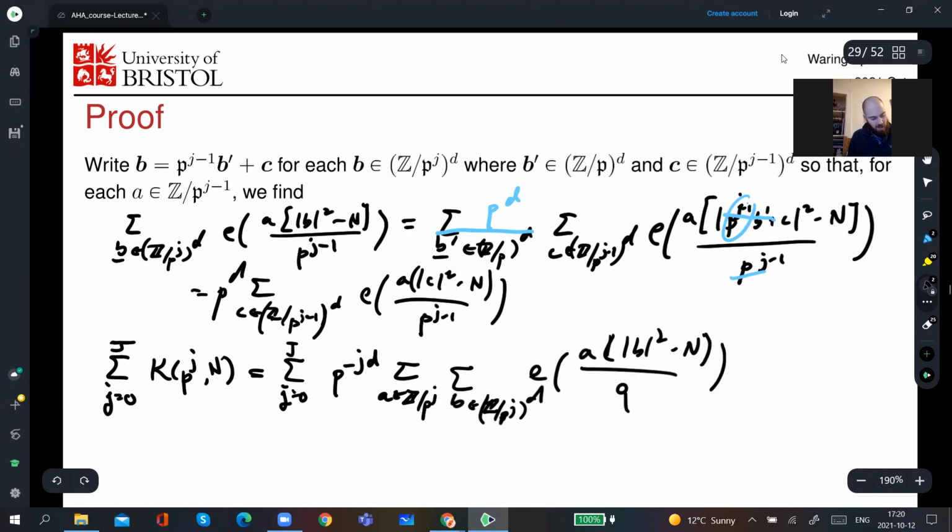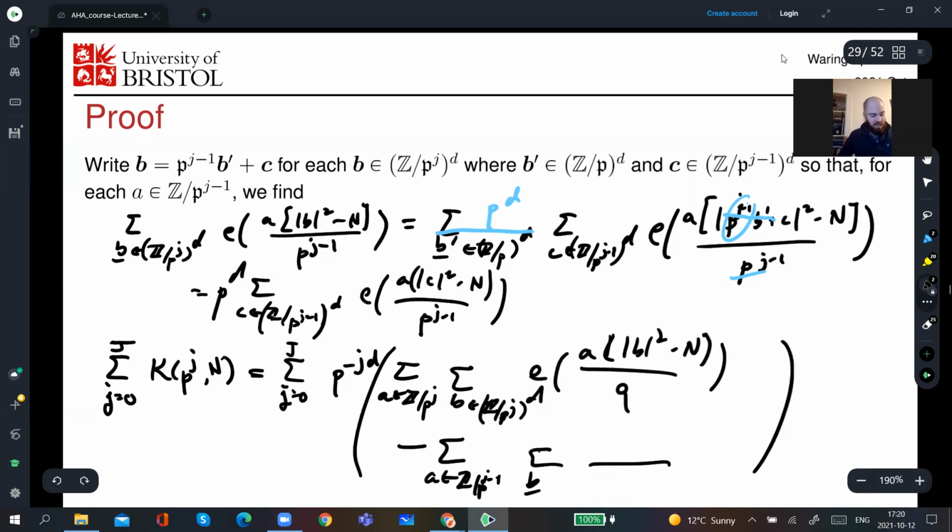And then, of course, I'm subtracting the sum over a and z mod p to the j minus 1, and a sum over b as well, of this thing, which we just said was actually equal to p to the d, and a sum over c and z mod p to the j minus 1 to the d.